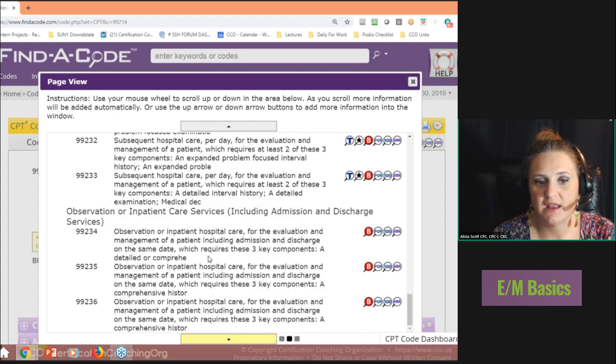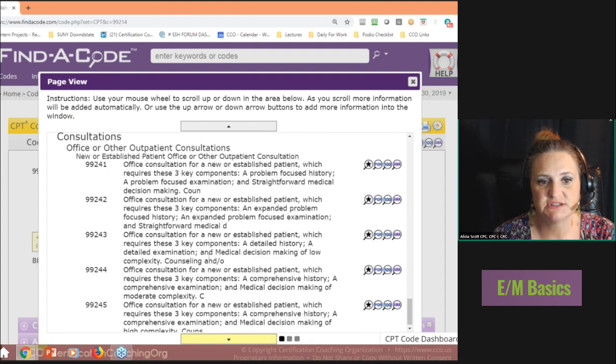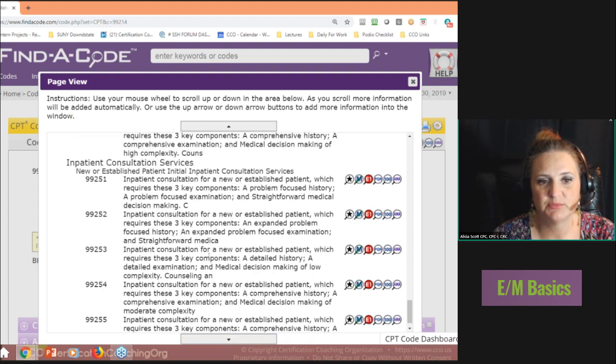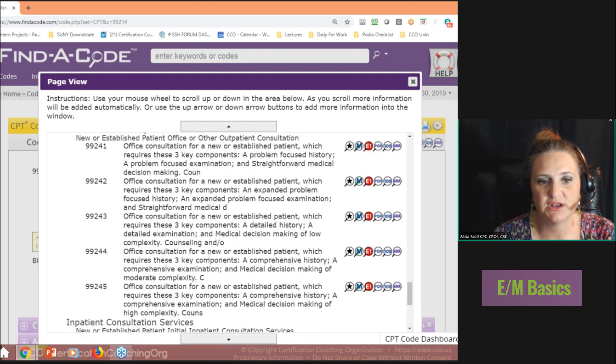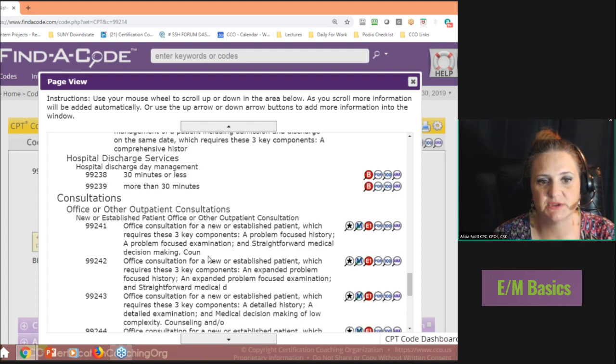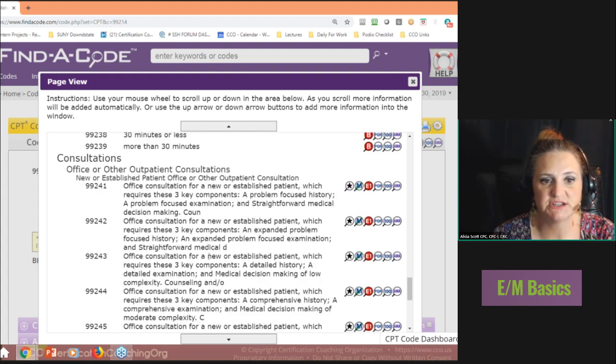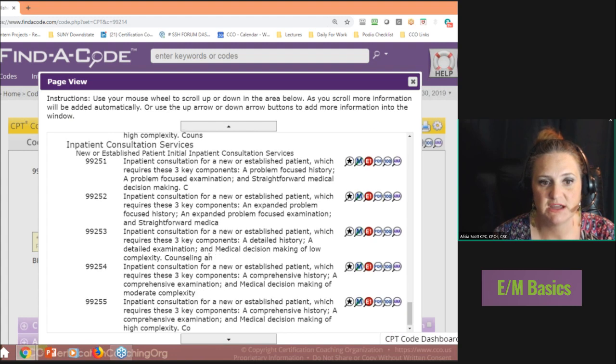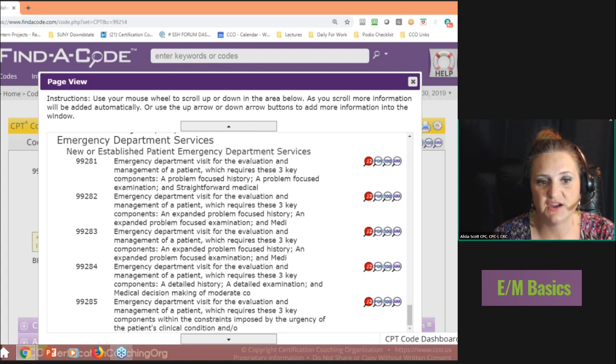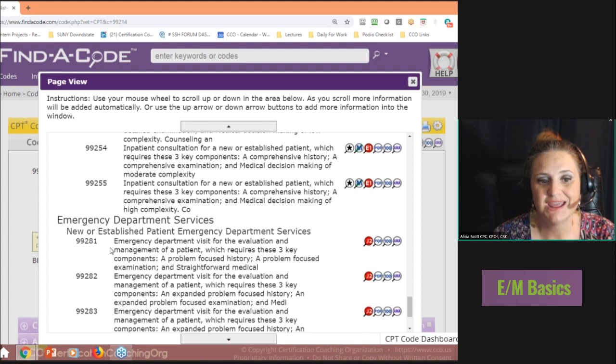But not all of the E&M codes are numerical. So look at consultations. Again, pretty numerical, right? We go 3-9, then we get into consultations, then we get into inpatient consultations. Emergency department jumps from 99255 to 99281.